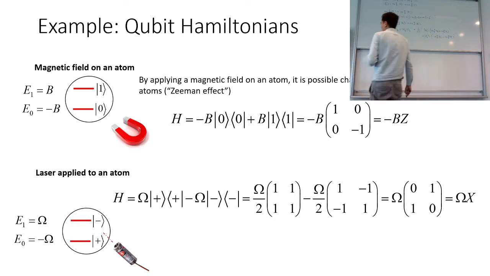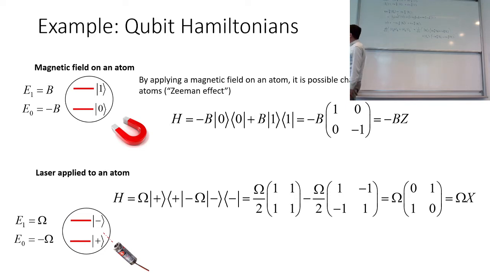B is like the strength of the magnetic field. I might write a Hamiltonian that looks something like this, where say this state 0 goes down when you apply the magnetic field, and this one goes up. So that's why this has a minus sign, and that has a plus sign.